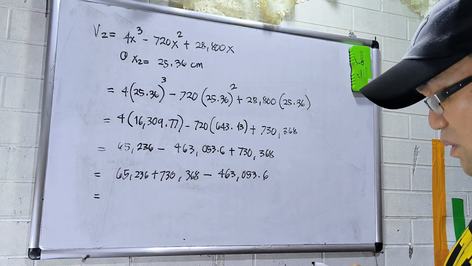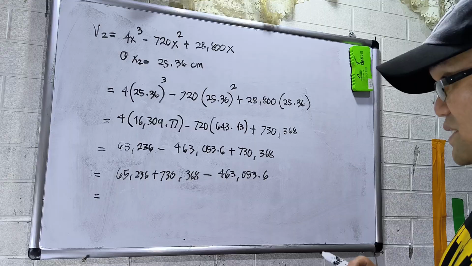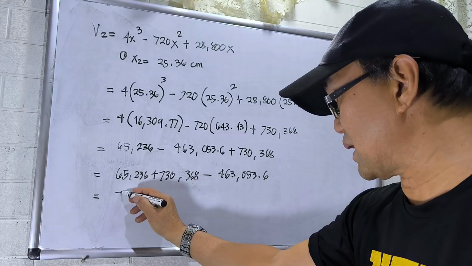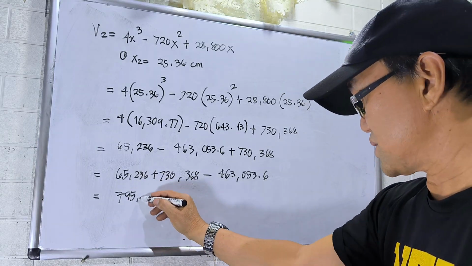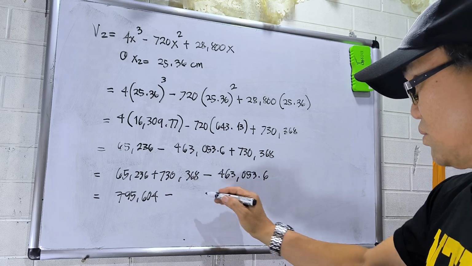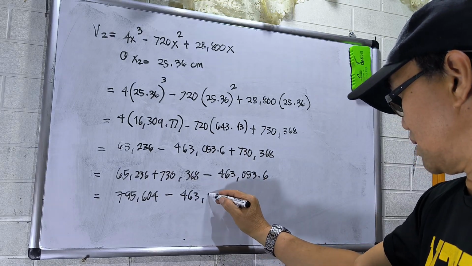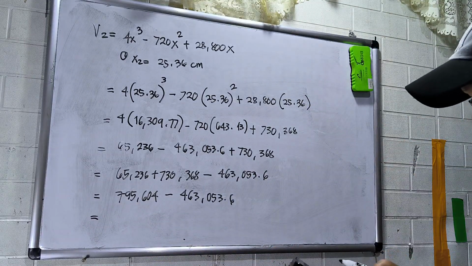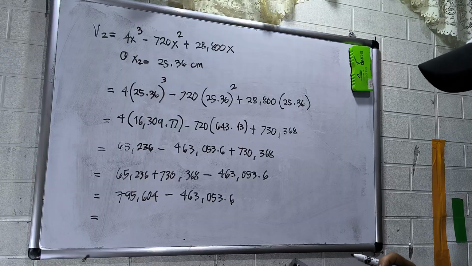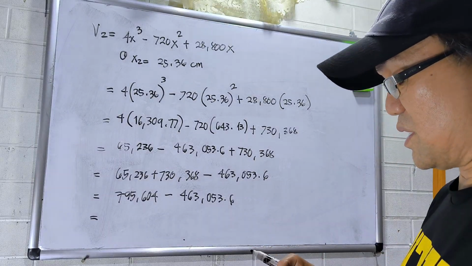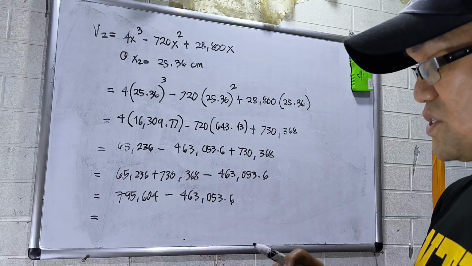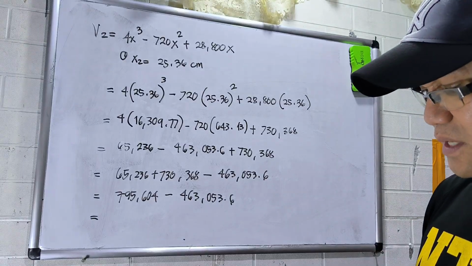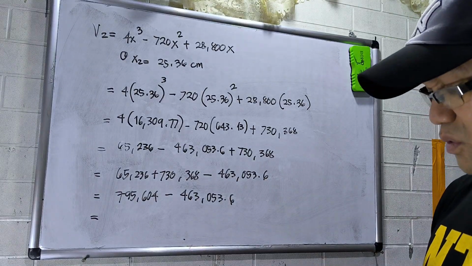So 65,236 plus 730,368 will be 795,604 minus 463,053.6.